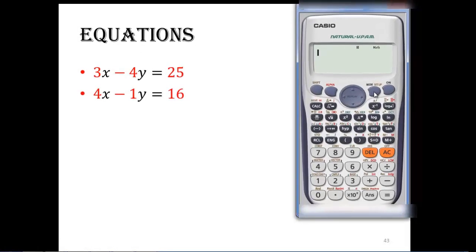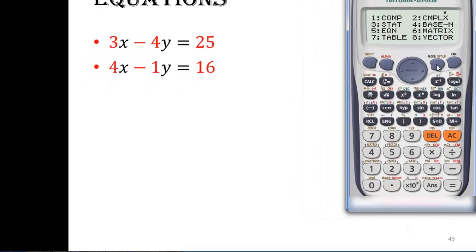So this is our calculator. Press this mode button and see here at number 5, these are equations. Press 5 and these are different types of equations. The first is the equation which has two variables x and y, and this is our required equation. We will use this equation 1.